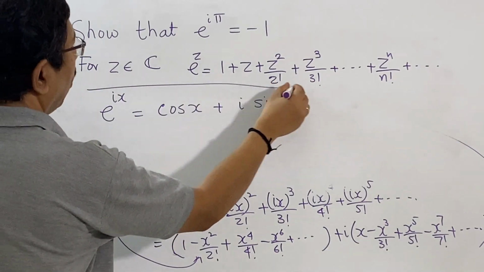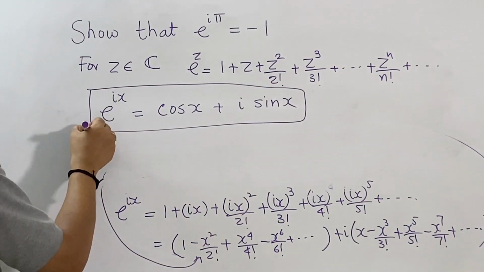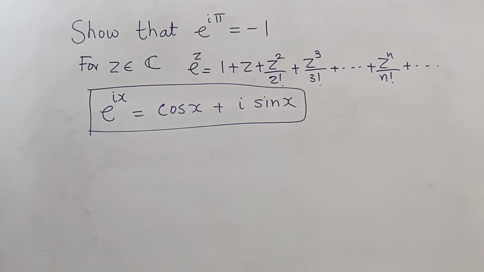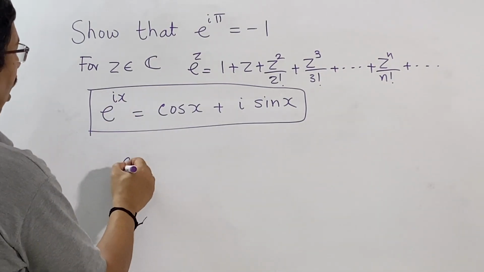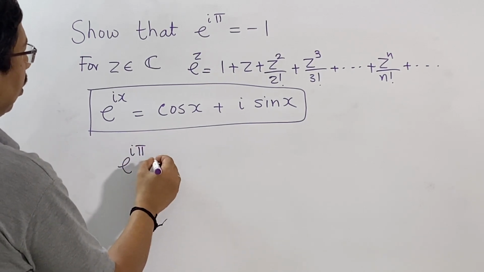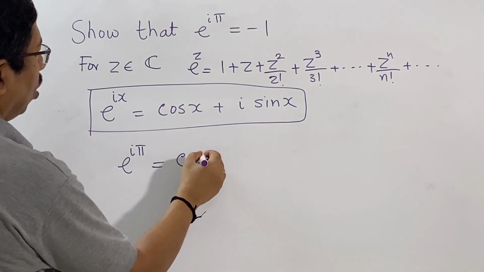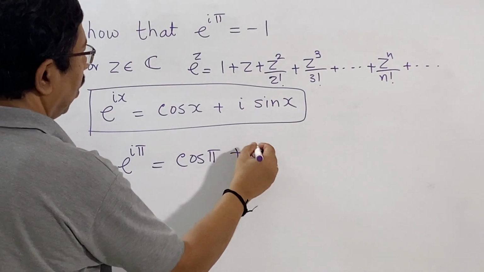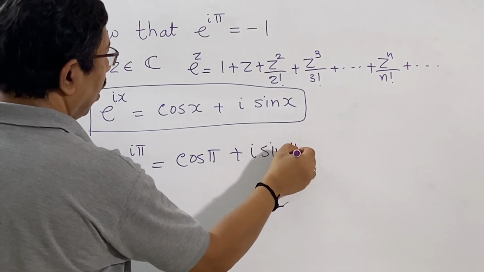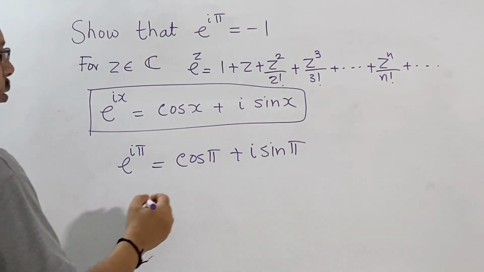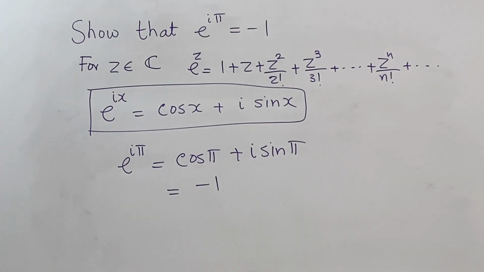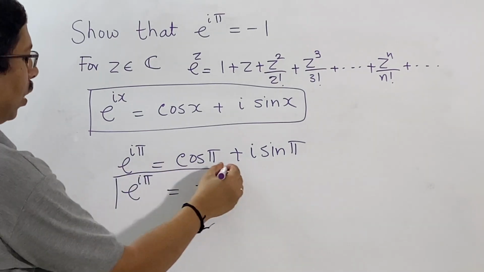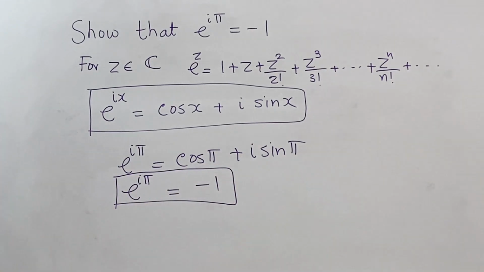This is a very important identity, often referred to as Euler's identity. Now, if for x I put pi here, then this becomes cos pi plus i sin pi, and sin pi being 0 and cos pi being minus 1, I get e to the power i pi is equal to minus 1, which is what we had started out to prove.